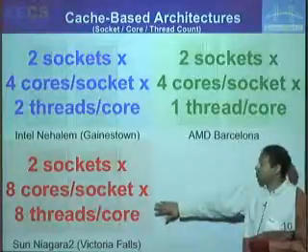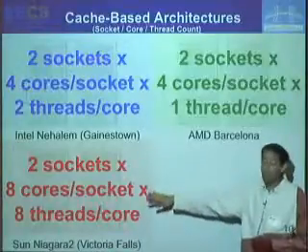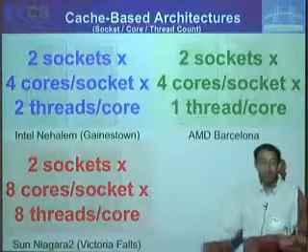And the Niagara 2 has 8 cores per socket and 8 threads per core, so it's actually 128-way parallelism. So we have to deal with this issue of having drastically different numbers of hardware threads available and still get good performance across all these architectures.